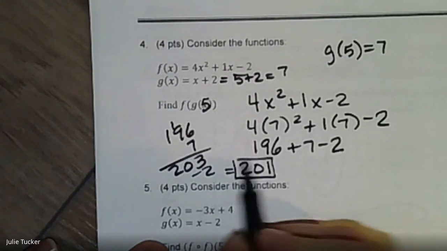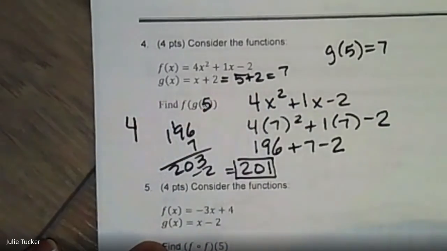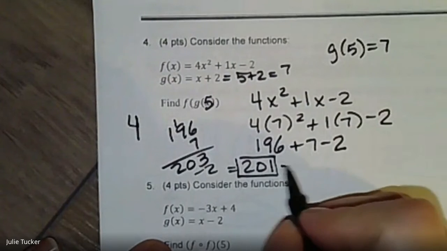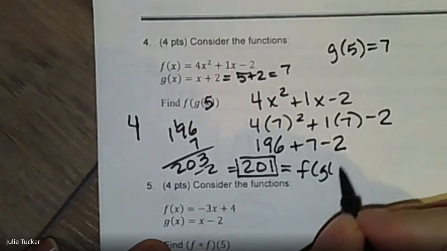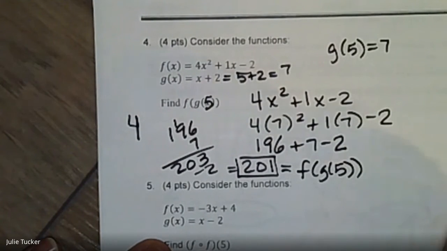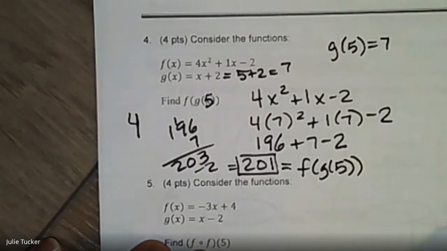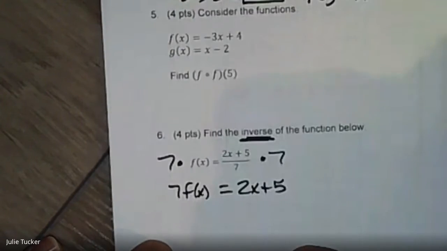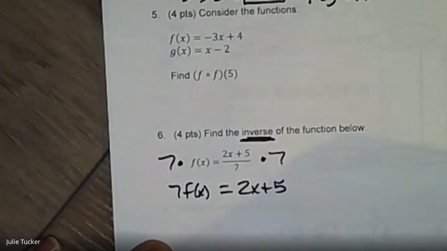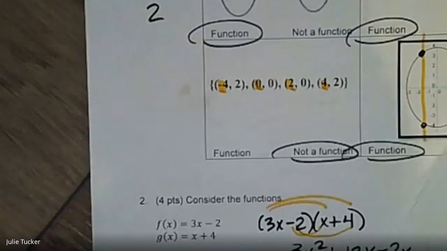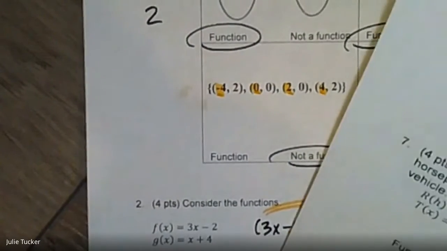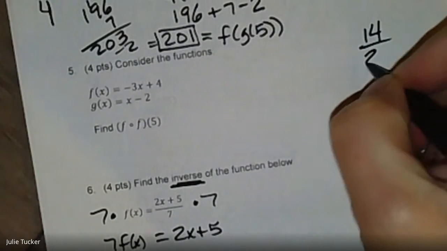So that one, you got 4 points on that one. I just need to put f of g of 5 right next to my answer. There we go. Okay. So now we have to go back and try this other question because right now, without it, we have 1, 2, 3, 4. Out of 20 points, we only have a 14 out of 20.